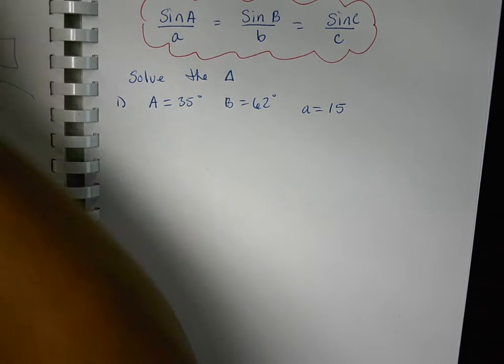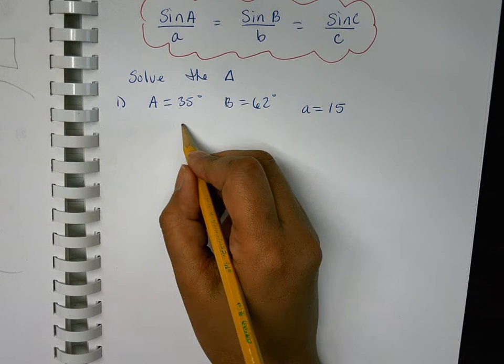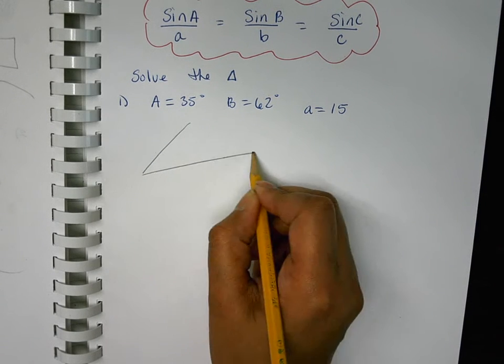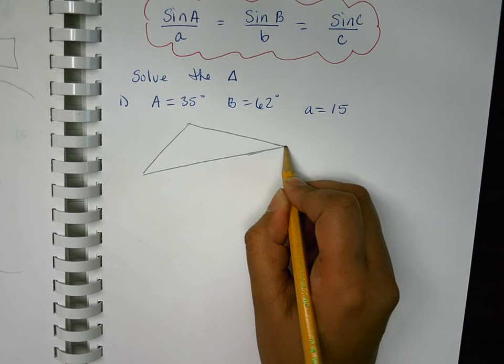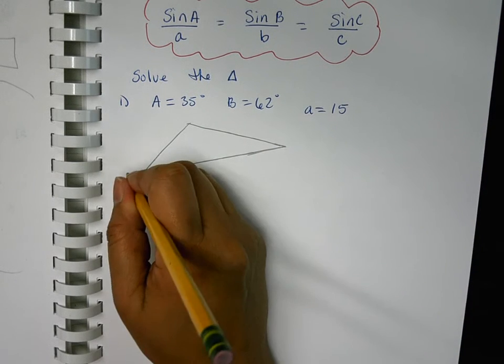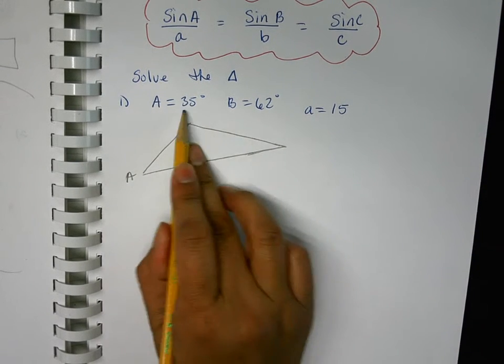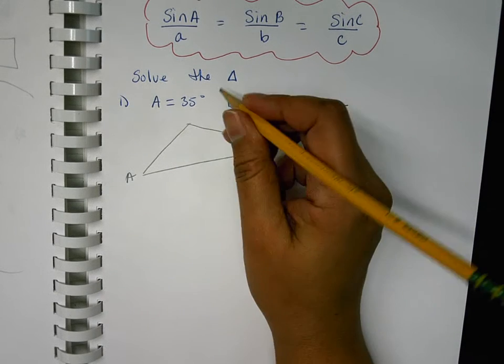Okay, we're ready? So remember what I said about drawing your triangle. Now I'm not making a right triangle this time because it's not a right triangle. Well, at least we don't know that it is. Actually, we do already. We can tell from these two angles that it is not.